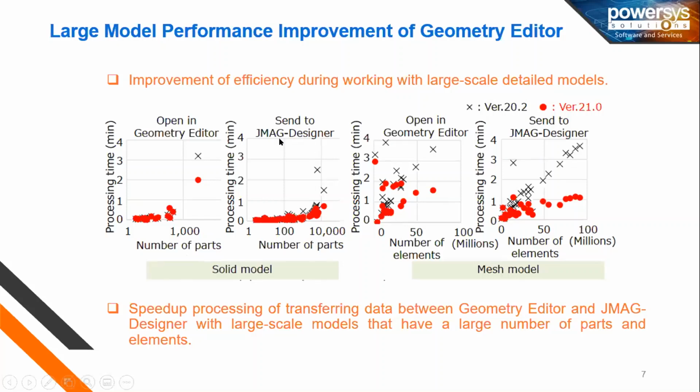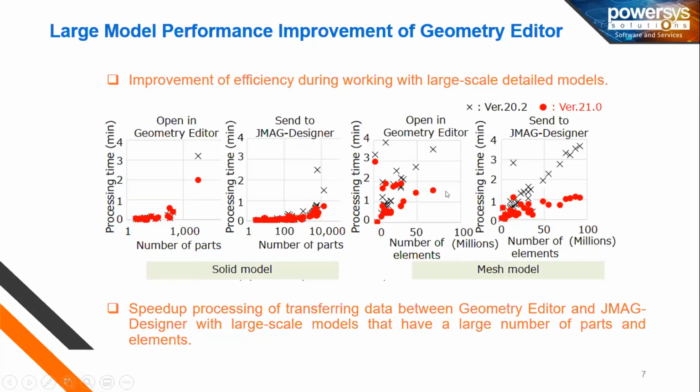Sending the file back to JMAG Designer, the same thing holds good. If the number of parts is above 10,000 or so, the processing time of the current version is lower than that of the existing versions. That is for the solid model, and the same thing applies for the mesh model also.